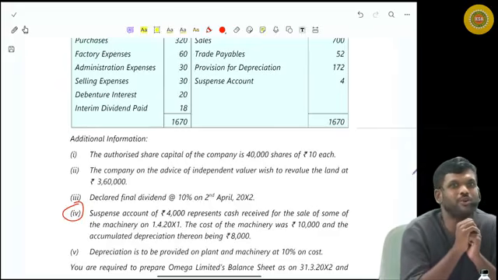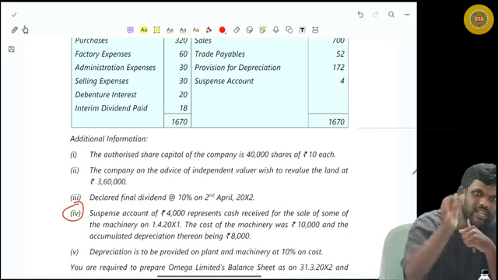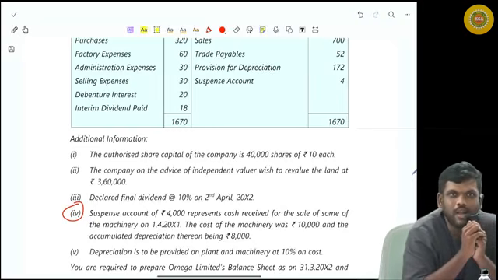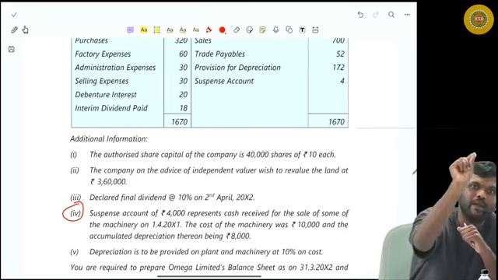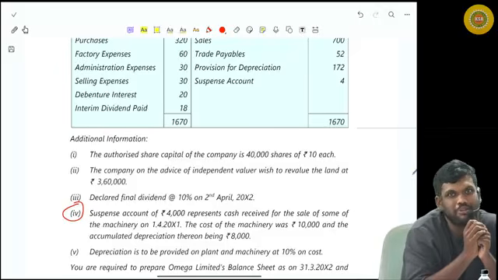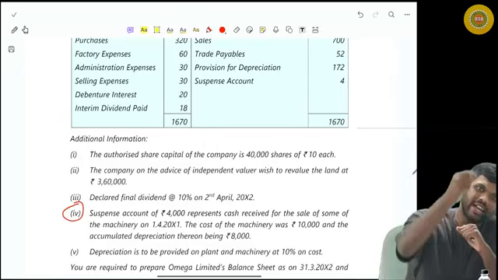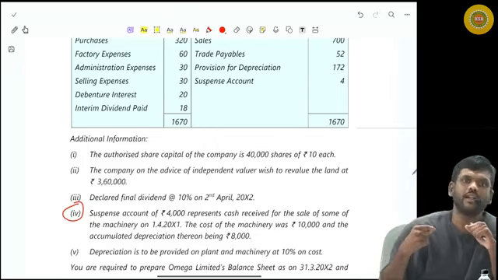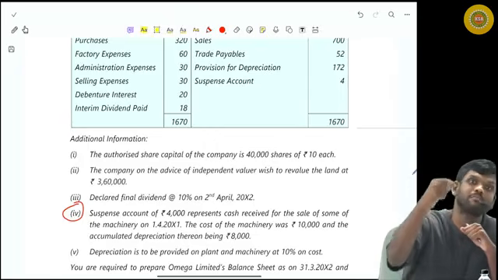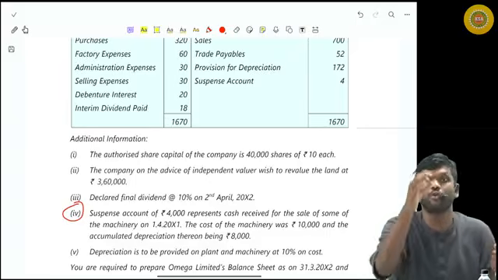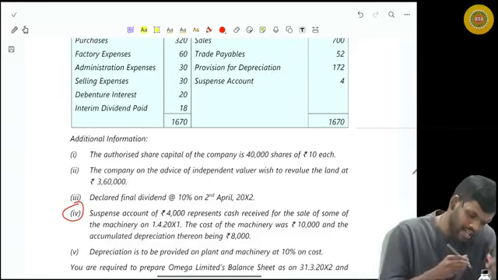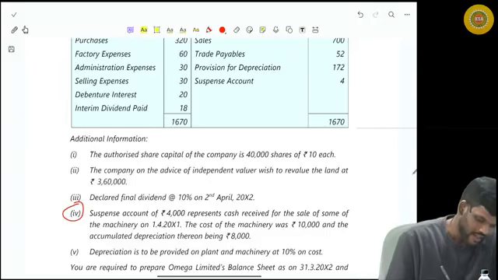Okay, what you do is first read each and every line item in the trial balance. Mark that as a P&L item or balance sheet item. I hope you know that income and expense will go to P&L, asset, liability and capital will go to balance sheet. So read each and every line item, mark them as P&L item or balance sheet item so that you don't forget, and then go through these adjustments.